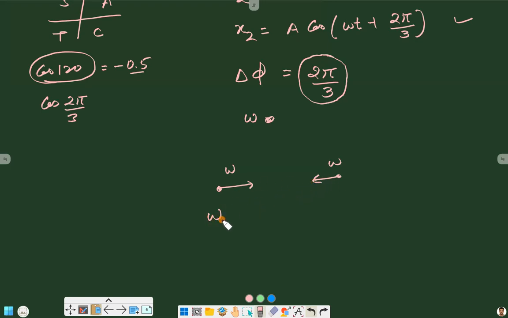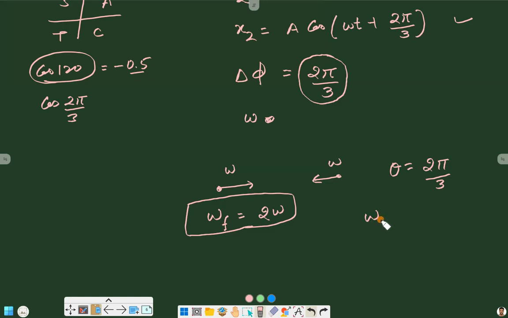So we have the final angular velocity as 2 omega, like we have solved relative velocities. And here we have theta equal to 2 pi by 3, and effective omega equal to 2 omega.